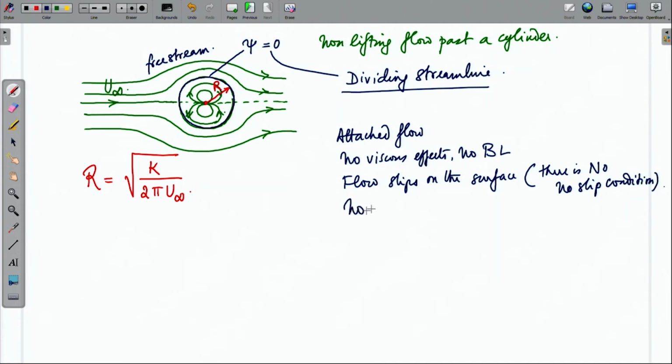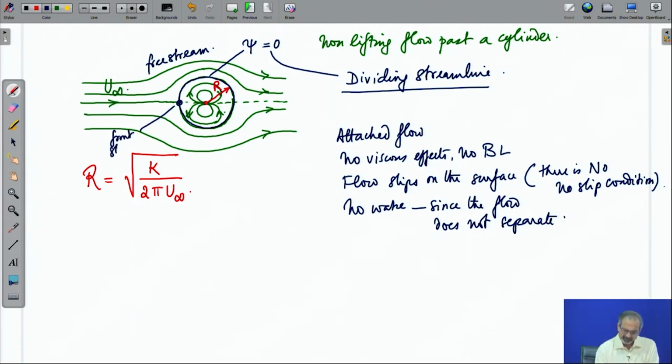There is no wake, since the flow does not separate. Additionally, we have a front stagnation point and we have a rear stagnation point.